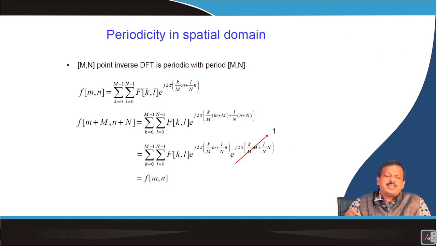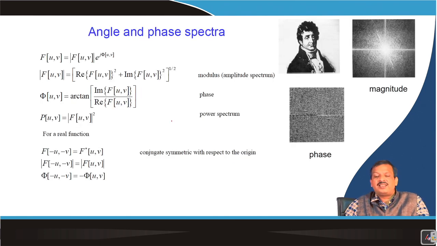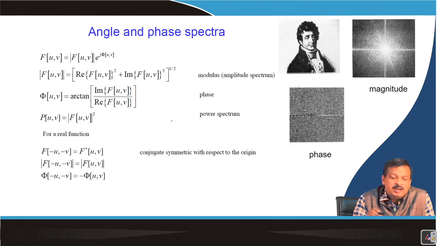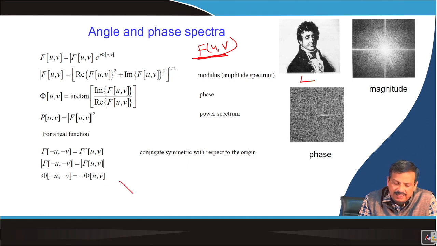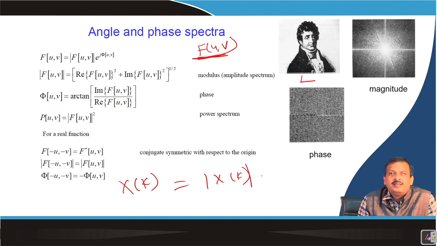Then periodicity in the spatial domain, you can also prove it, and this is the example. If I say F of u,v is my frequency domain representation of the image, so this is the image. F of u,v has 2 parts, like X of k has 2 parts, mod of X k and the angle, so phase and magnitude.